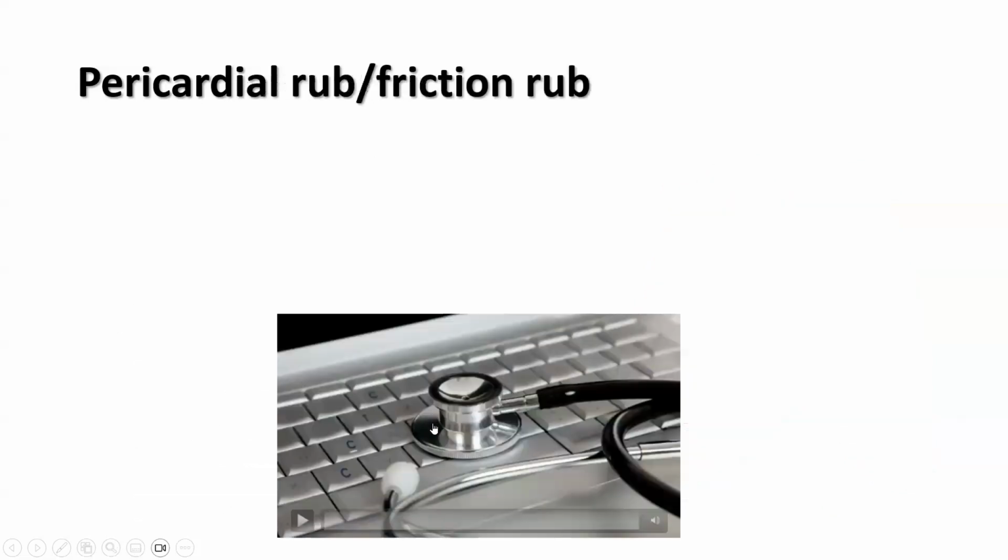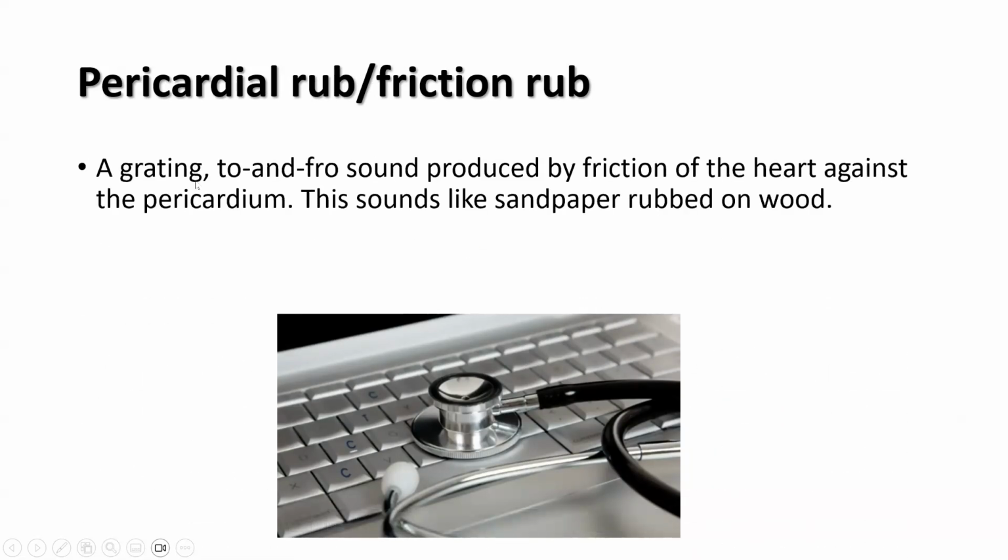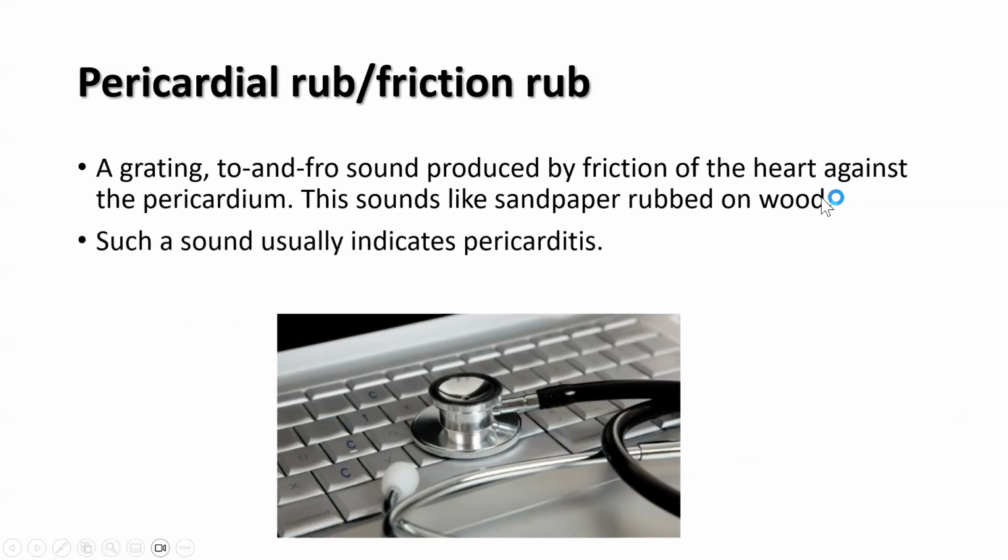Now pericardial rub or pericardial friction rub. It is a grating to-and-fro sound produced by friction of the heart against the pericardium, and this sounds like sandpaper wrapped on wood.